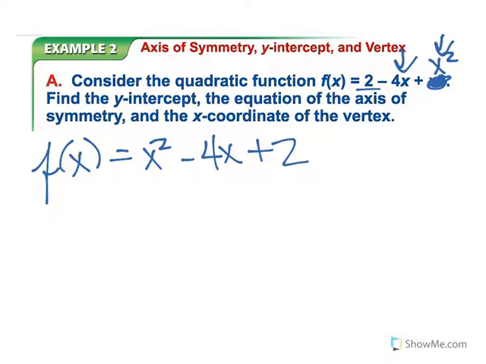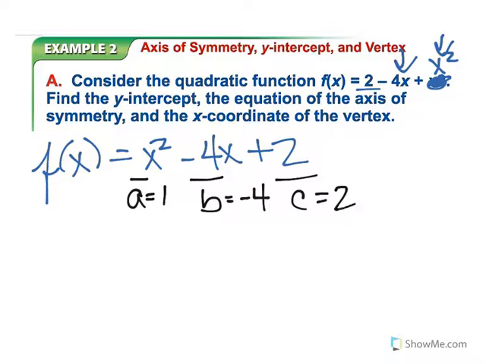Now, to get your a, b, and c, the coefficient in front of your x squared term is a. The one in front of your x by itself is b, and the constant is c. So, we know that a is equal to 1, b is equal to -4, and c is equal to 2.